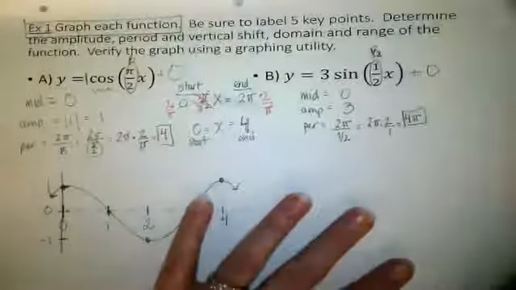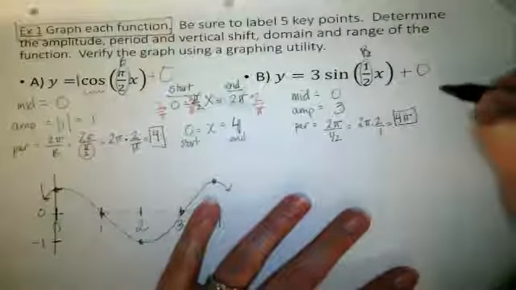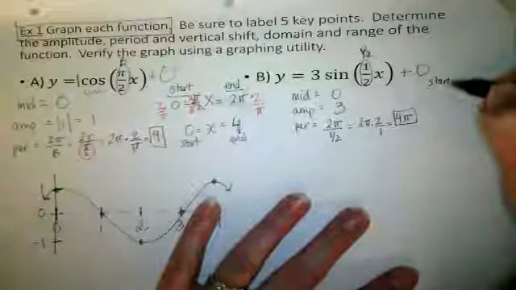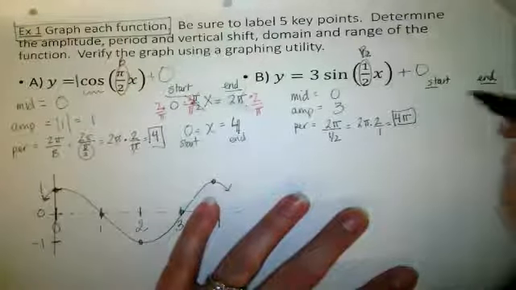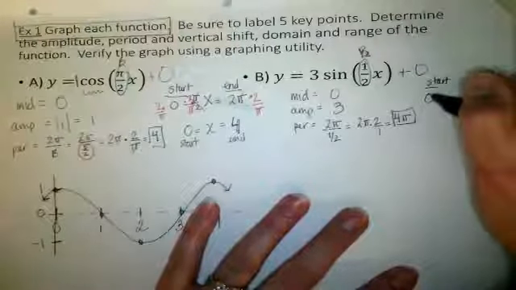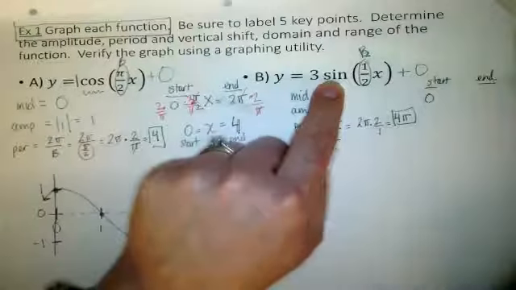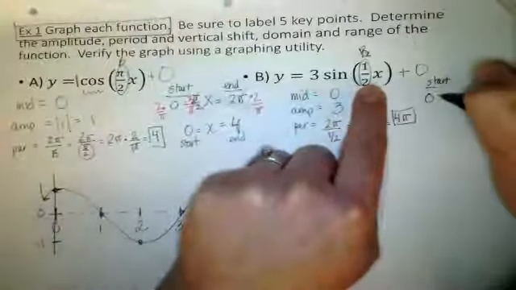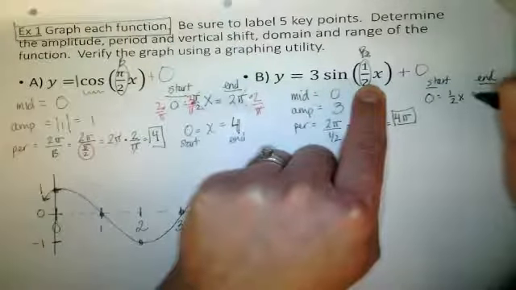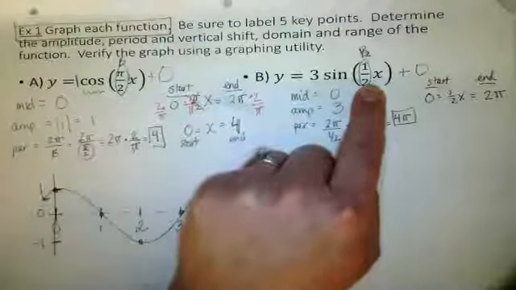Not incorrect. All right. And again, if I wanted to do the starting and ending points, it's a good idea to get into the habit of that. Our sine curve normally started at 0 and ended at 2 pi, but every time we have a change with x, it's going to affect those starting and ending values.